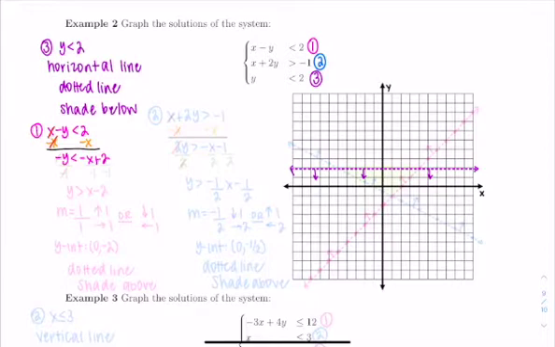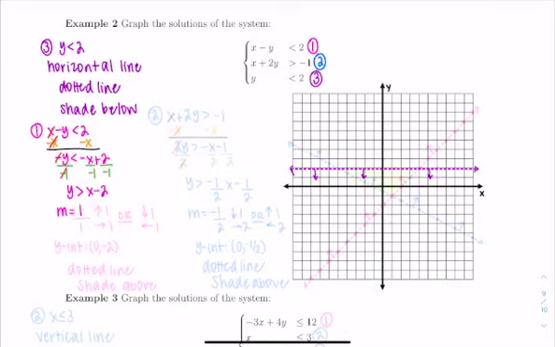And then we can divide both sides by negative 1. But when I divide by negative 1, I need to make sure that I flip the sign. So we end up with y is now greater than x minus 2.